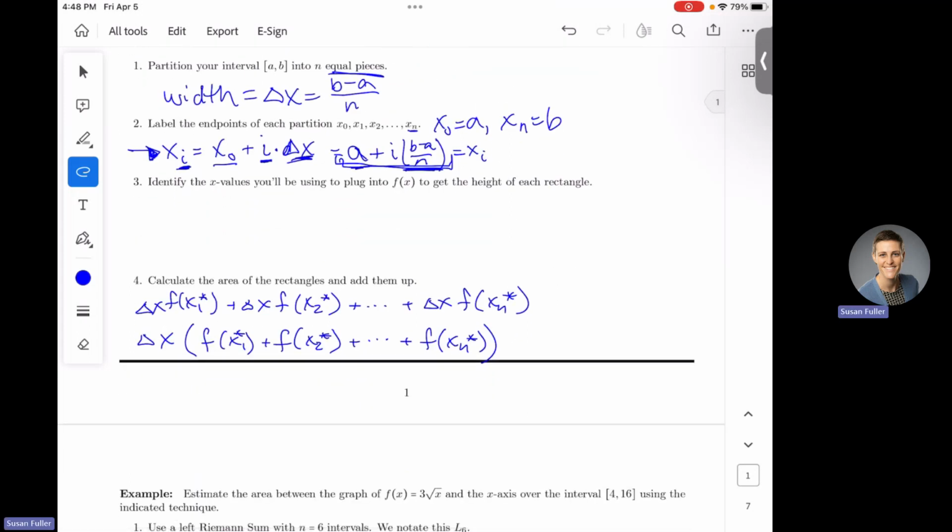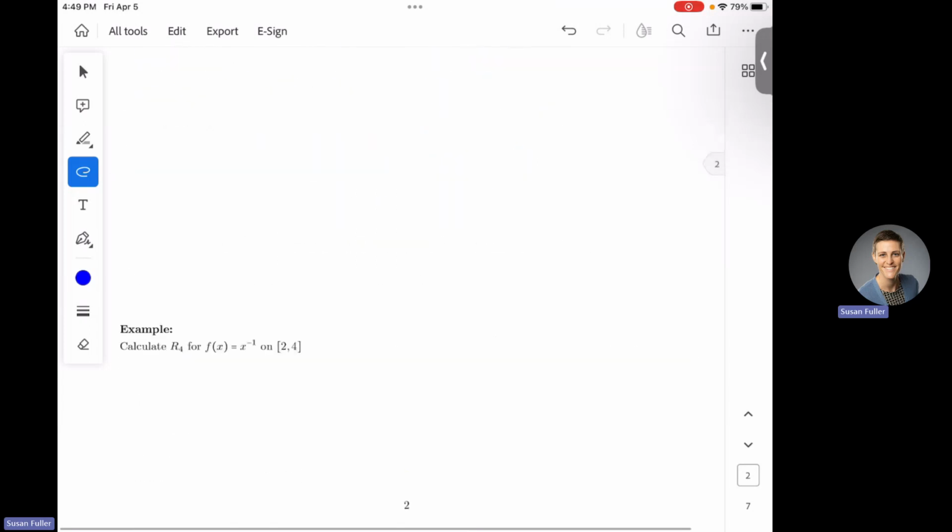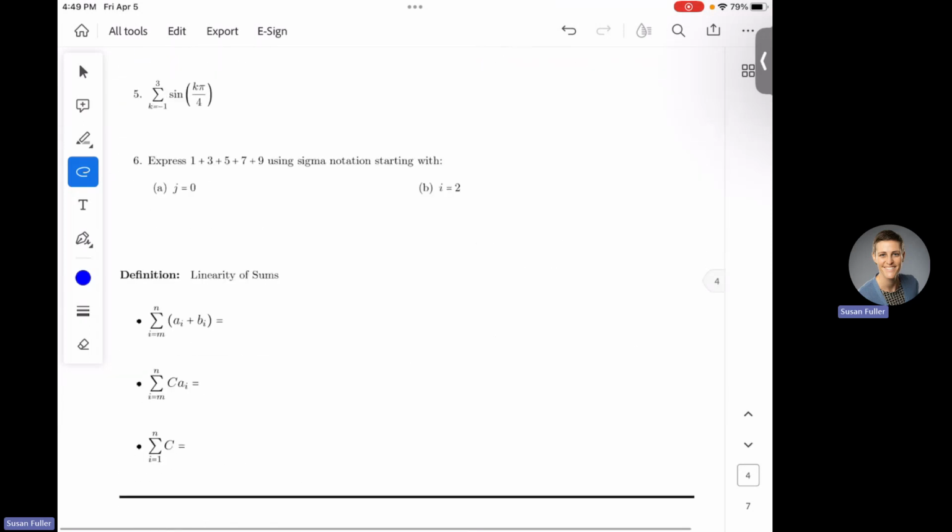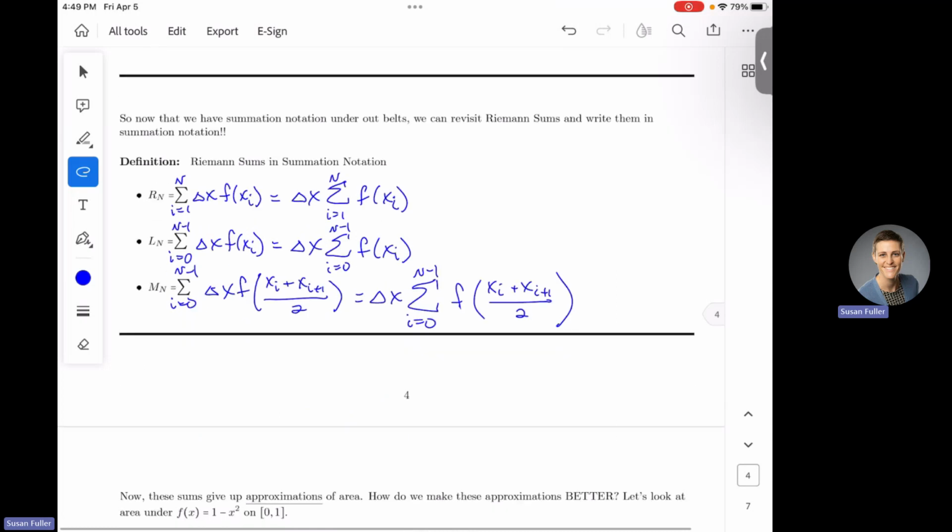And then we calculate all of our areas by doing width times height plus width times height plus width times height, or we can factor that delta x width out. Okay, and then today we got summation notation, and we put our Riemann sums into summation notation, and they look like this. We'll use these in just a minute.